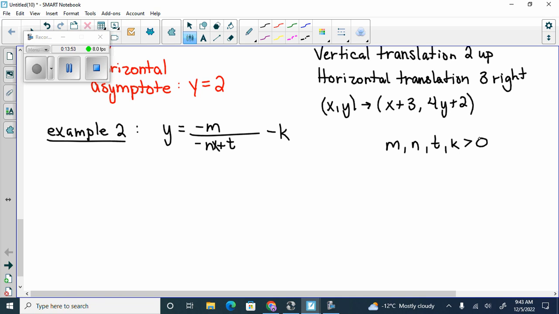Use that. I wouldn't suggest it, but use that. I want the vertical asymptote. I want the horizontal asymptote.